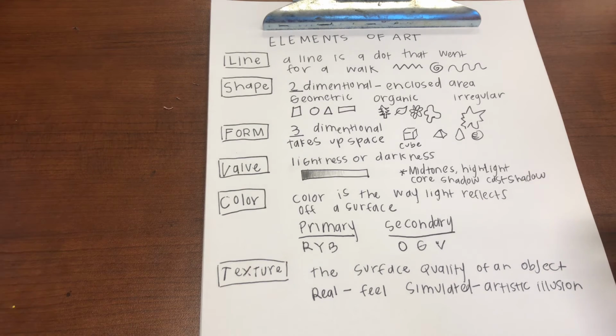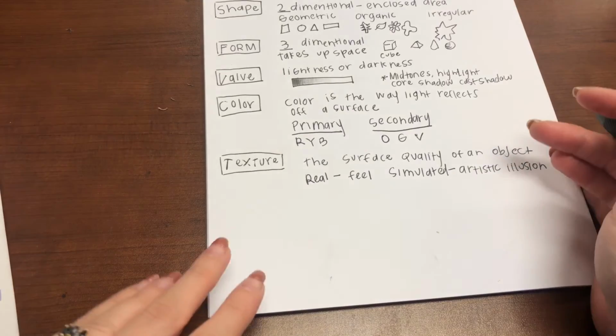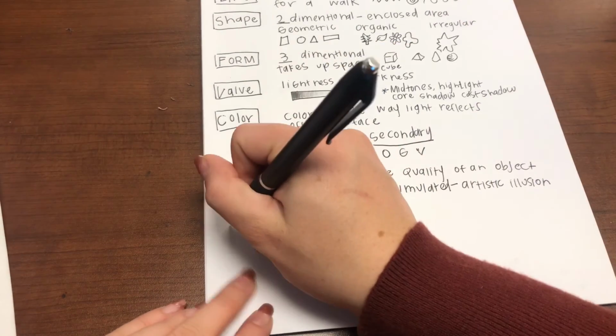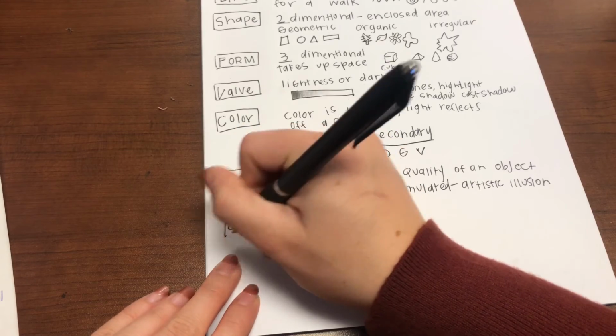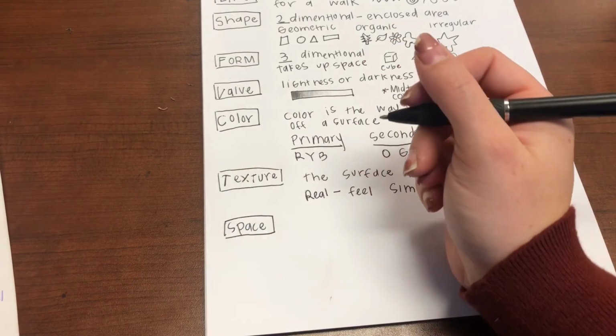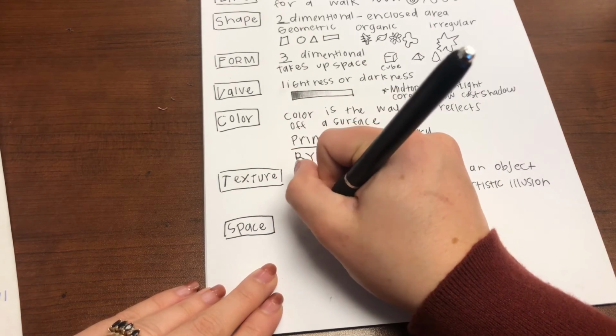Okay, the next and last element we are going to talk about is space. Let me move this up so you can see it a little better. Space is used to create an illusion of depth. So let's write that down.